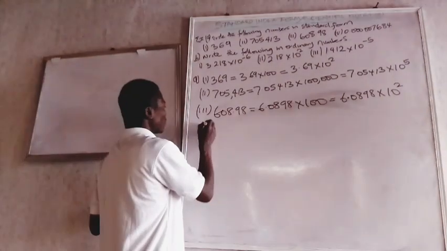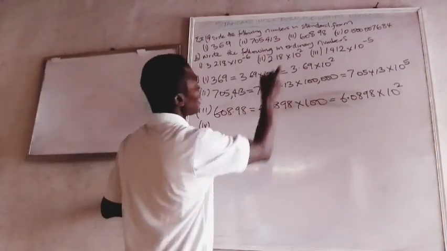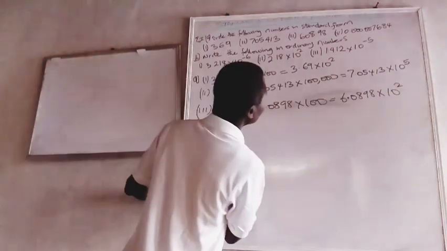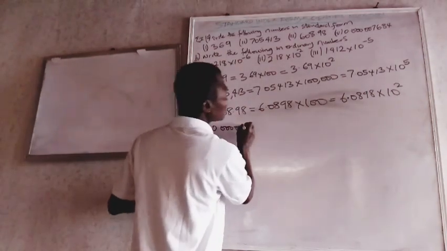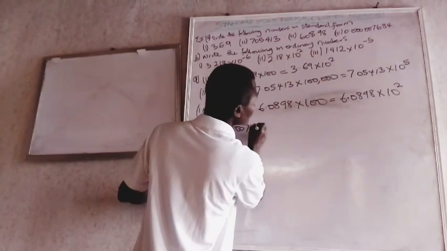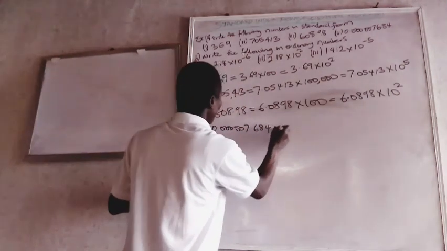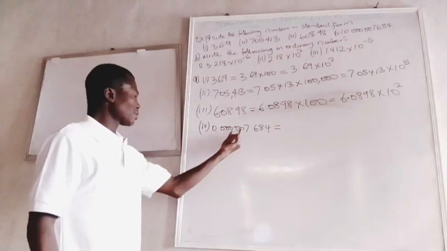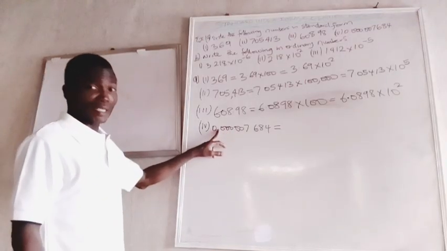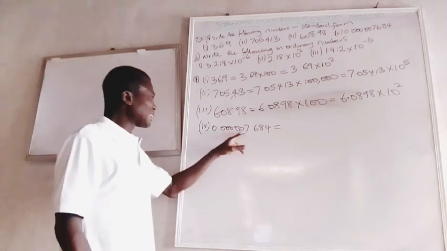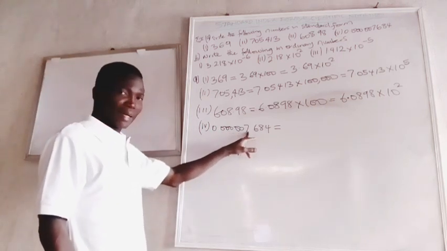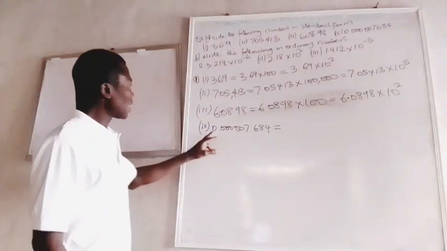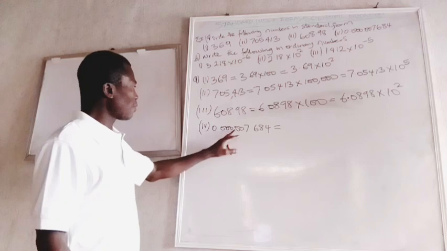Now let's look at the fourth one. We have 0.123457684. By the time you check it, you are going to see 1, 2, 3, 1, 2, 3. So after this decimal point, we are counting 6 figures before we get to the first significant figure here. Or you count straight from there: 1, 2, 3, 4, 5, 6.